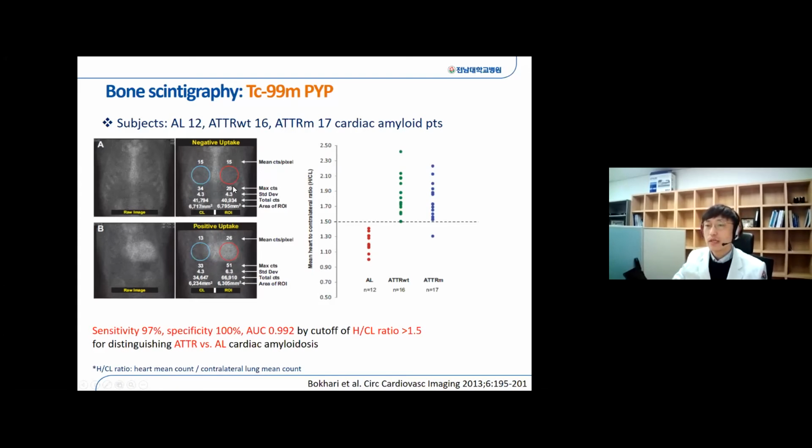And then we divide the mean count of the heart with the mean count of the contralateral lung. And then we can measure the heart to contralateral lung ratio, HCL ratio. And if the ratio exceeds 1.5, we can very accurately differentiate ATTR versus AL cardiac amyloid.